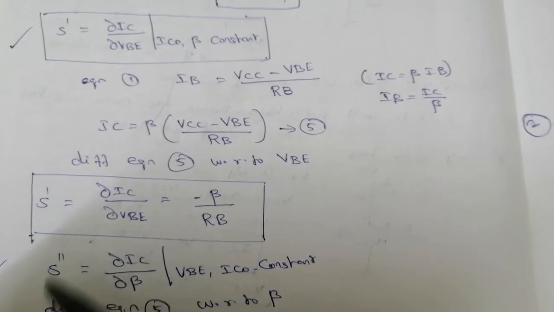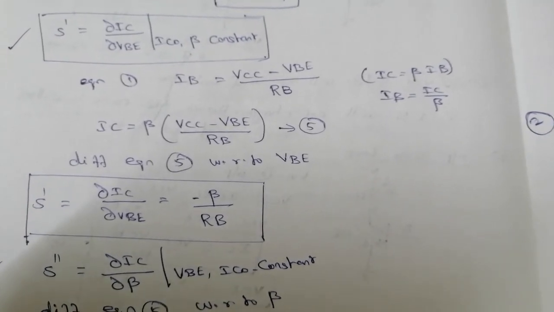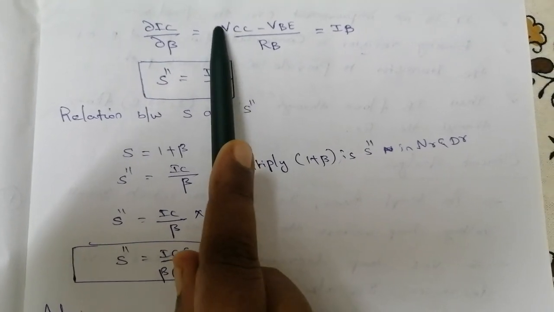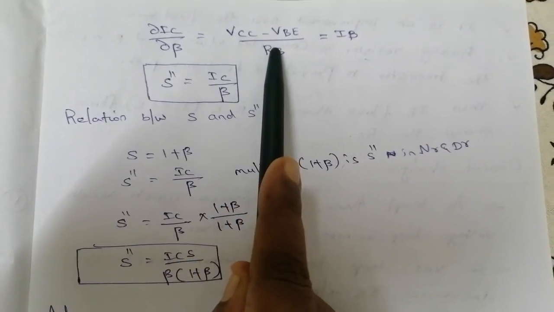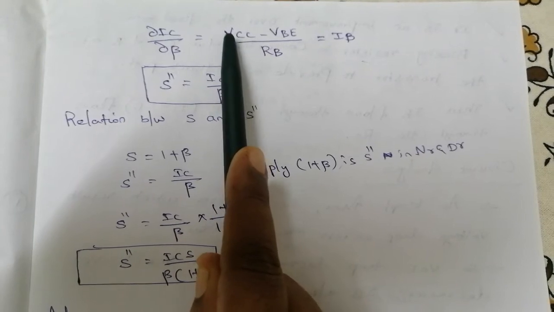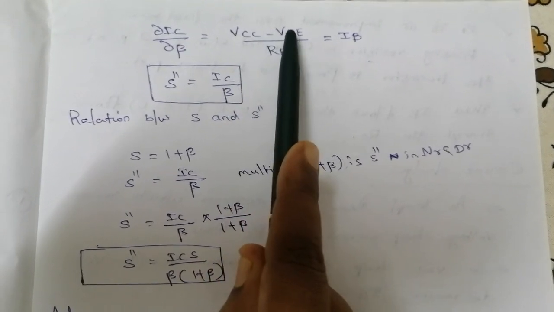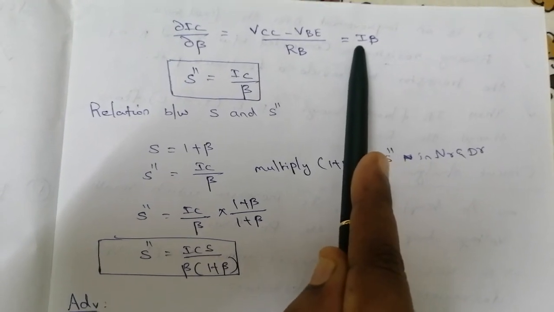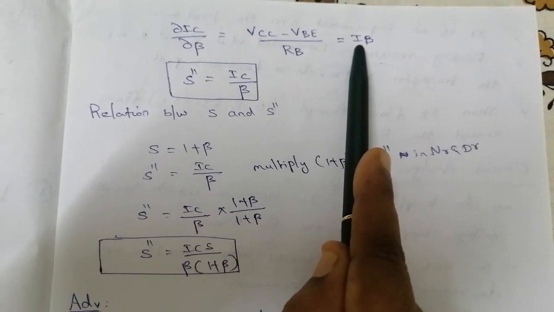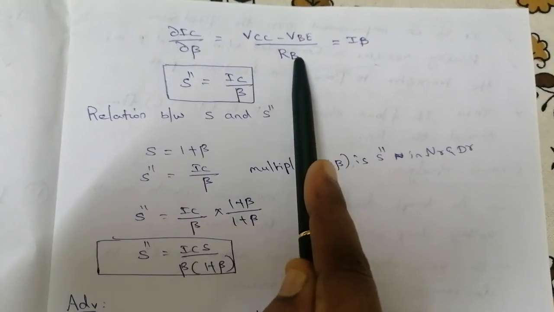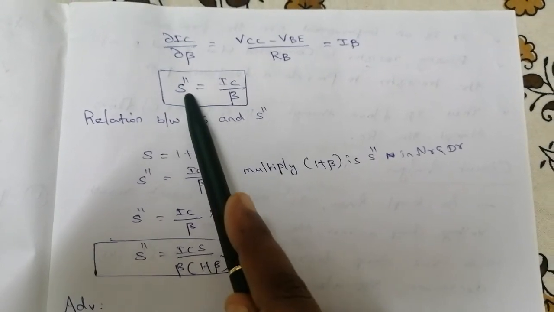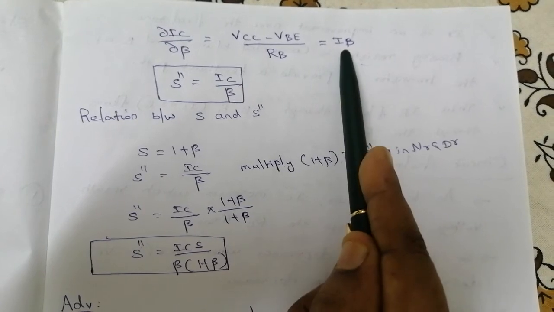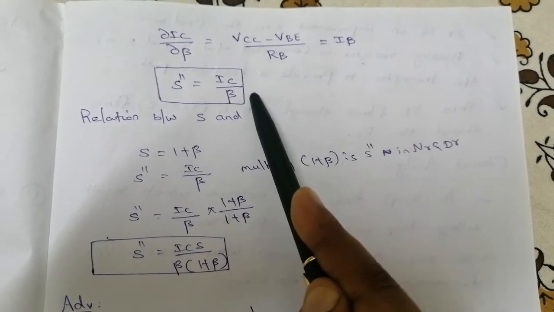So dou IC by dou beta equal to beta into (VCC minus VBE) by RB. Differentiating beta means it becomes 1. So which is nothing but (VCC minus VBE) by RB, which is nothing but IB. Already we derived the IB base current equation, IB equal to (VCC minus VBE) by RB. So S double dash is nothing but IC by beta, because IB is nothing but IC divided by beta.